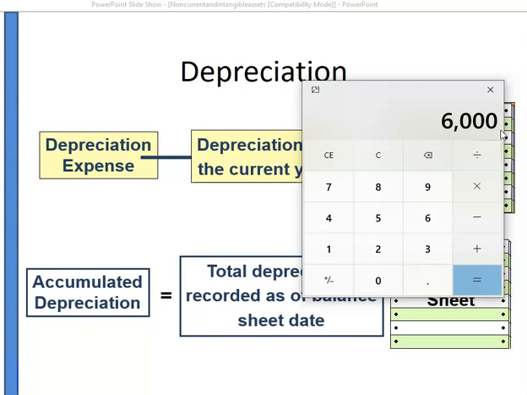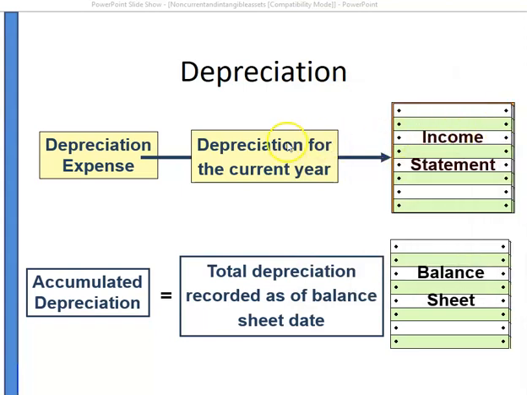So if I ask you after year 3, what is the depreciation expense? It's $6,000. However, if I asked you what is accumulated depreciation after the first full 3 years, it would be $18,000. So, key difference between those two: depreciation expense is only for the current year. Accumulated depreciation is for the life of the asset.